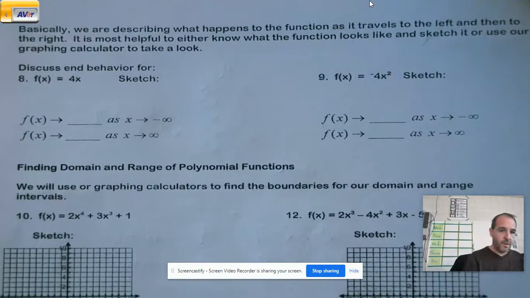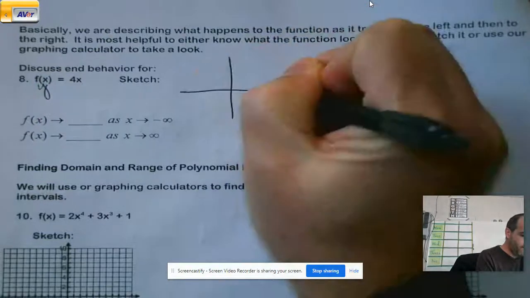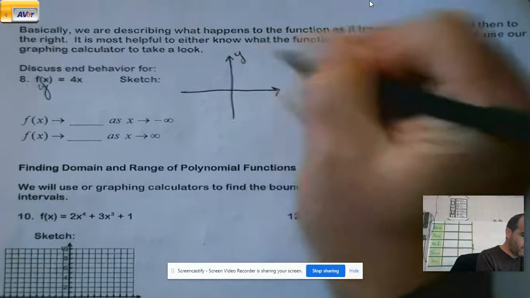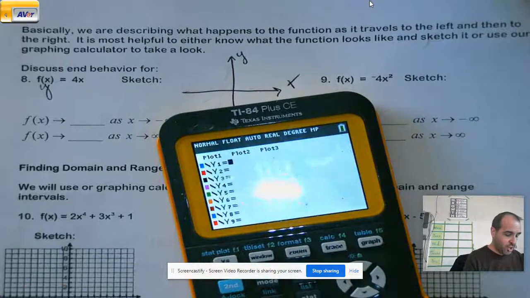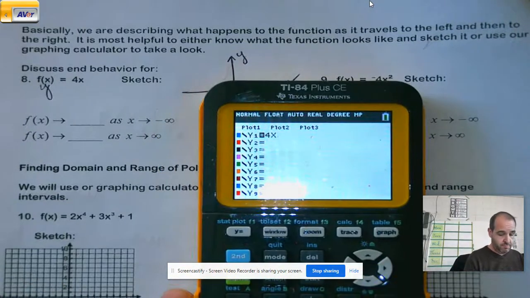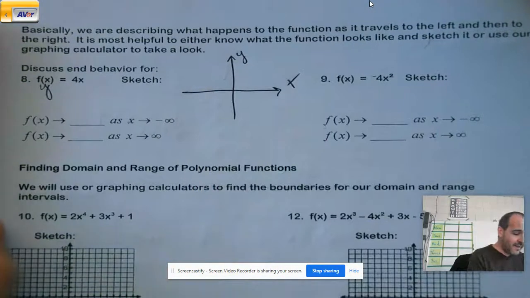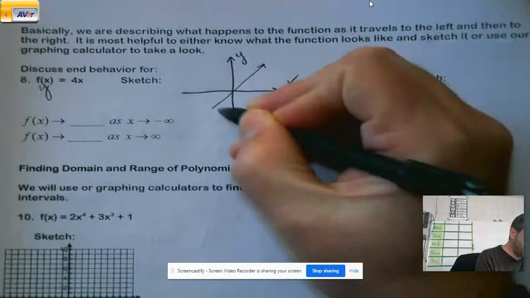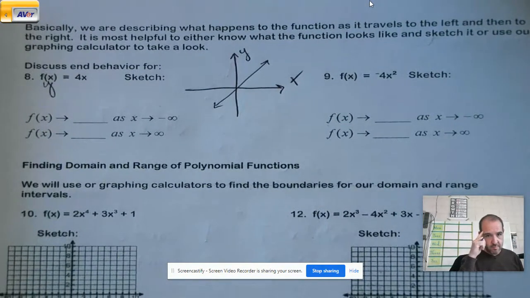So f of x, fancy name for y. Now, 4x. Most of us know that's linear and what that's going to look like, but if you're not sure, graph it. There it is. I don't have to have a perfect line. I just need a sketch. So now, remember what we said.